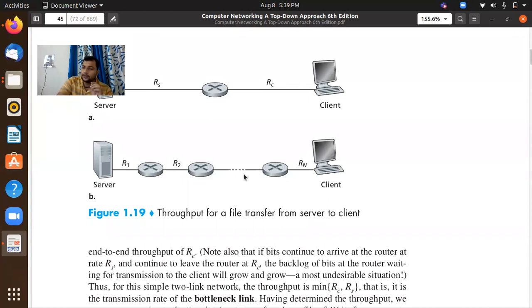If there is any weak link, that bottleneck link will define the average throughput. Whatever be the minimum of R1, R2 till Rn defines the maximum average throughput. So if these are 10, 8, 7, 6, different Mbps values, and the smallest is 2 Mbps, then between server and client the average throughput which can hit the ceiling is 2 Mbps. That is one clarification regarding throughput.